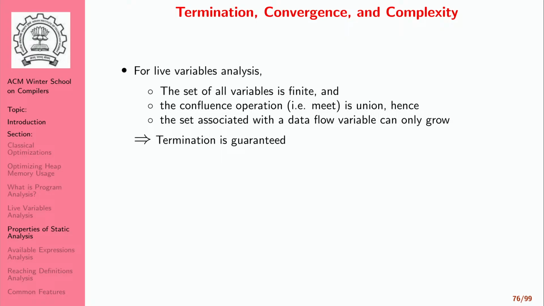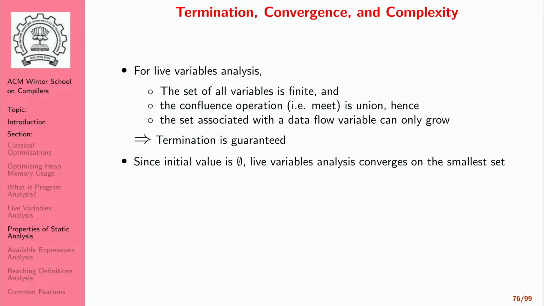So let's come to termination, convergence and complexity. We talked about it. For live variables analysis, the set of all variables is finite, the meet operation is union, and hence the set associated with the data flow variables can only grow, and therefore termination is guaranteed. Since the initial value is empty, live variables analysis converges on the smallest possible set, which is the most precise result.